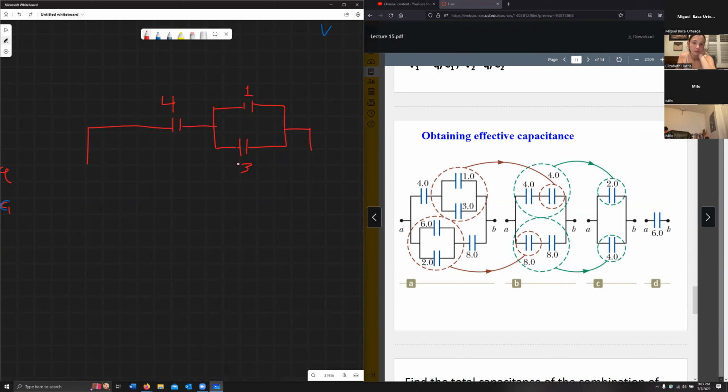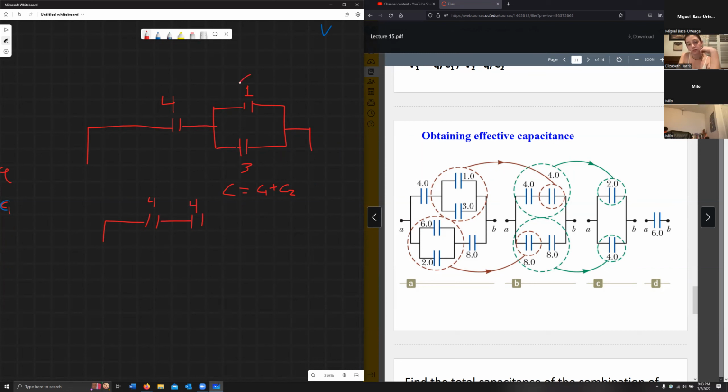How do you do that? You just add them together. So with the equation that we were looking at earlier, capacitance is equal to C1 plus C2. So in this instance, you would get 4, and then it goes 4 again.